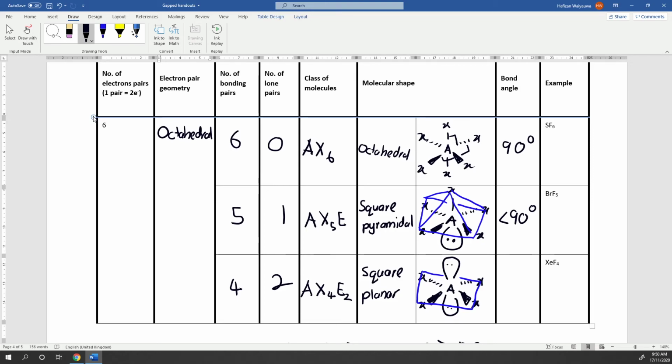So what happened? Actually, the angle revert back to the normal angle. Kenapa lah pula? Okay, you tengok this one. This ada satu je lone pair yang kuat tu tolak semua molekul ni ke atas macam nak tutup payung. But now, kita ada satu balik lone pair ke atas untuk buka balik payung tu.